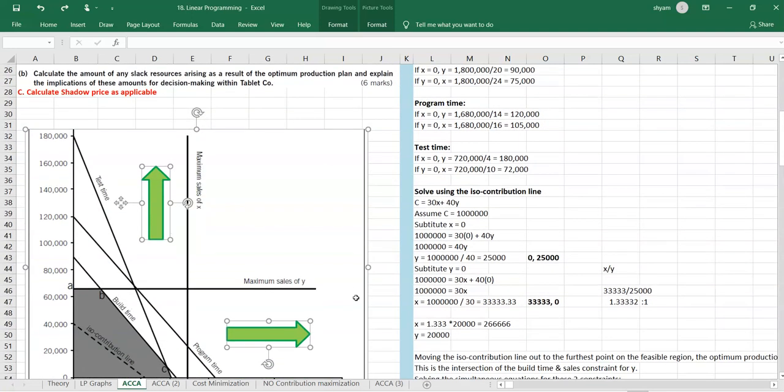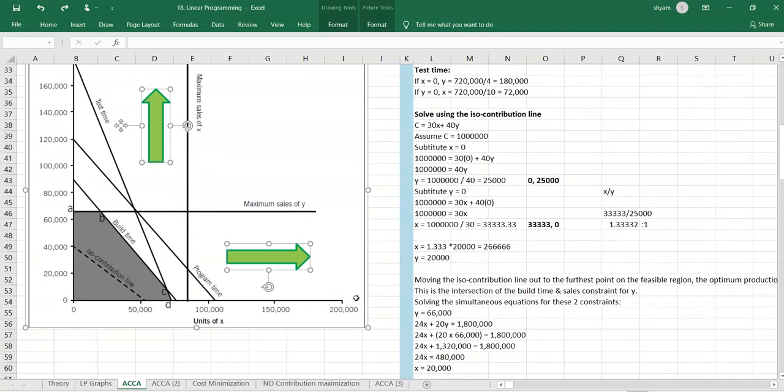We also saw solving the iso-contribution line. We saw 2-3 methods; whichever method you want, you can use it.